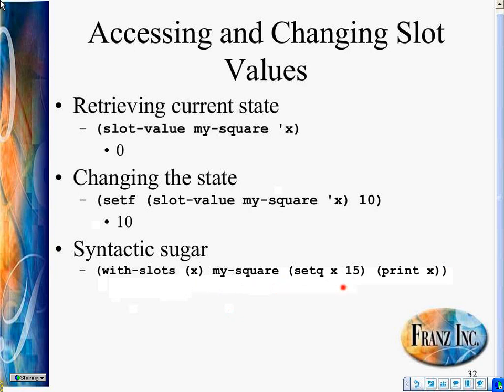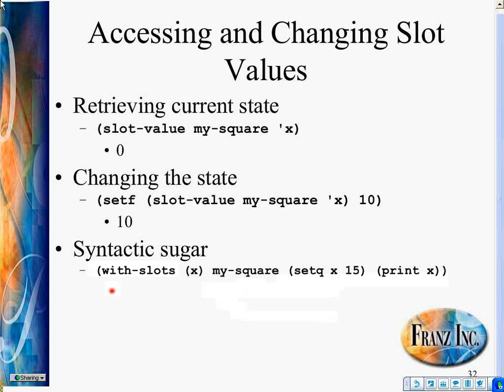The value X will be the value of the X slot of the my square instance. You can do things like setq and print, and it will convert these things into the correct form.